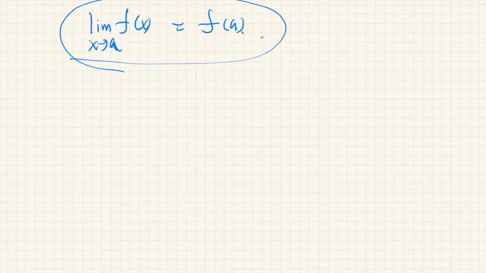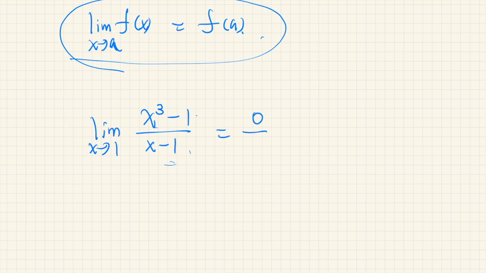Next, let's consider the limit of x cubed minus 1 over x minus 1 as x goes to 1. If x goes to 1, then the numerator converges to 0, and the denominator also converges to 0. So we have 0 over 0. Is it 0 over 0?